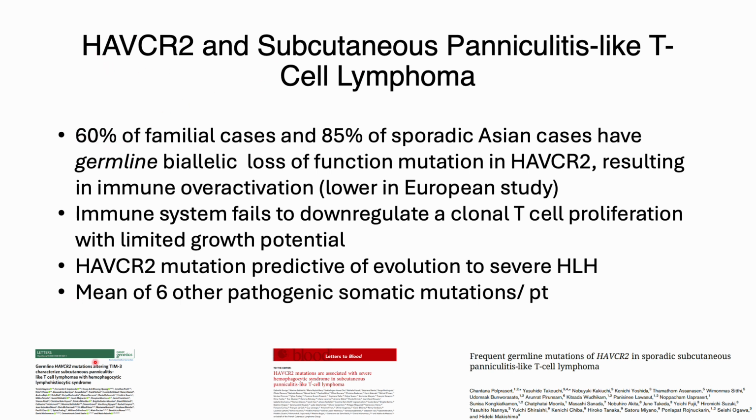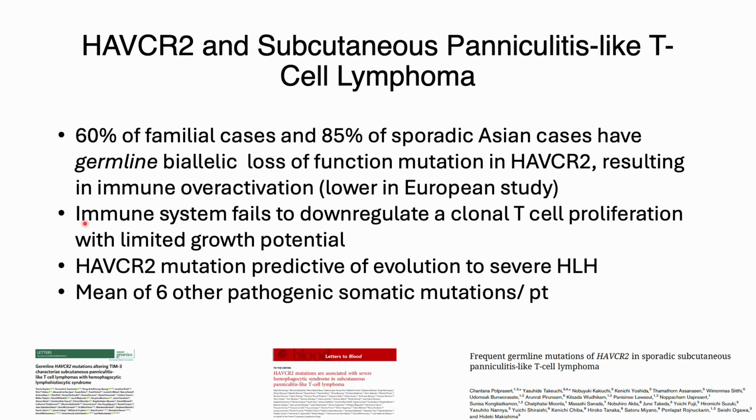So some of these studies show that 60% of familial cases and 85% of sporadic cases in Asia, and this is China and Japan, have germline biallelic loss of function mutation in HAVCR2, resulting in immune overactivation. This is lower in a European study, and that's probably because these loss of function mutations are just lower outside of Asia in the general population.